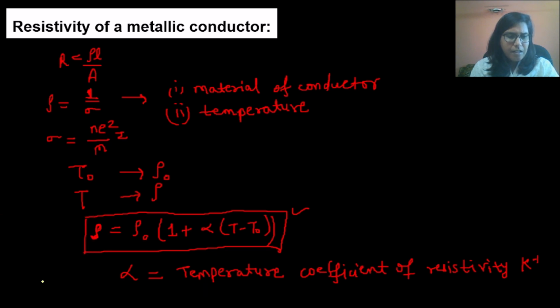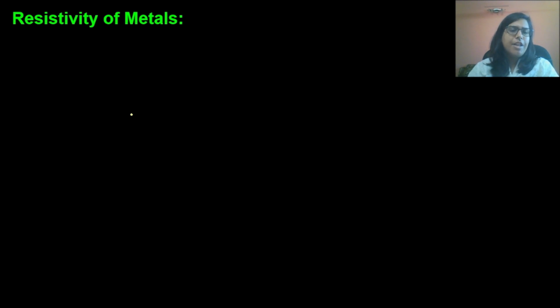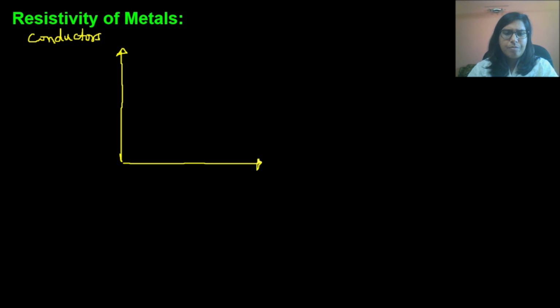Now if we see the resistivity of metals, the graph of resistivity with temperature for conductors: metals are conductors, so resistivity of a conductor increases with temperature, and the graph will be like this.